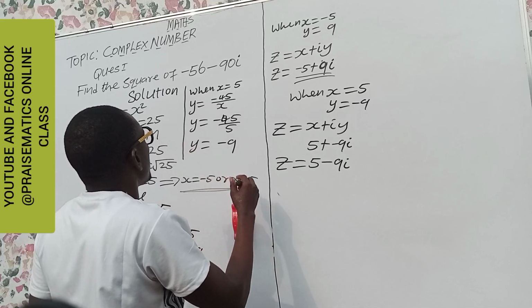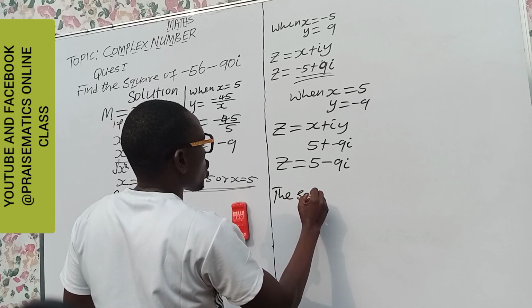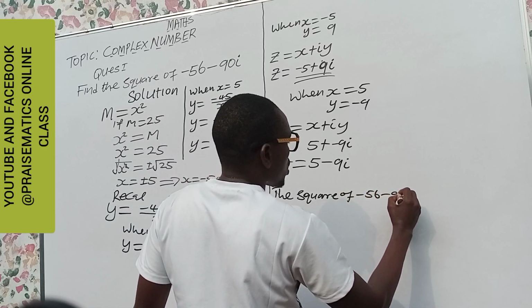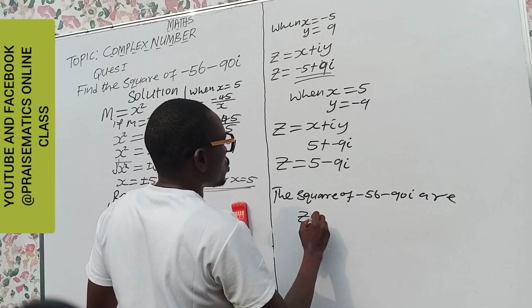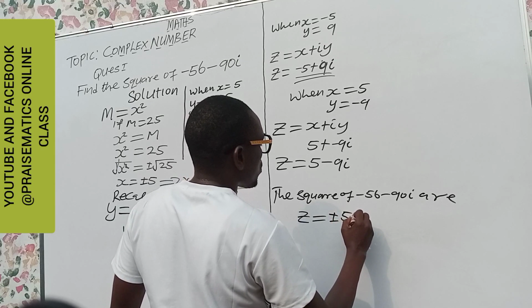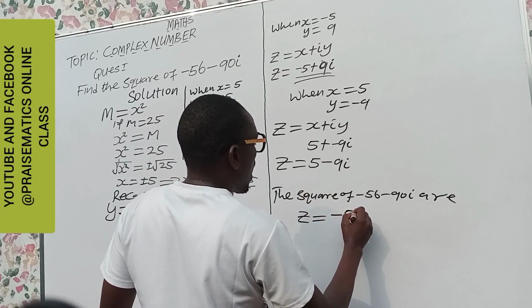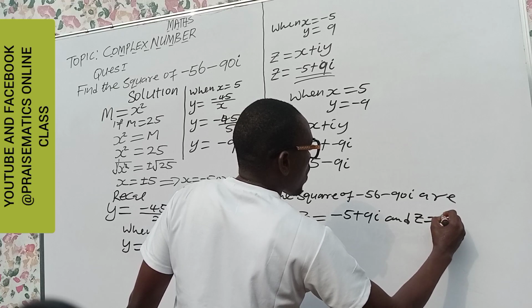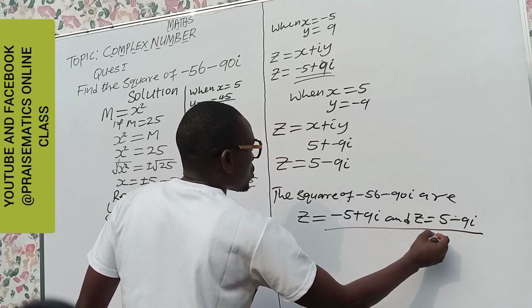Hence, the square roots of this number are: z equals to minus 5 plus 9i, and z equals to 5 minus 9i, and that is our solution.